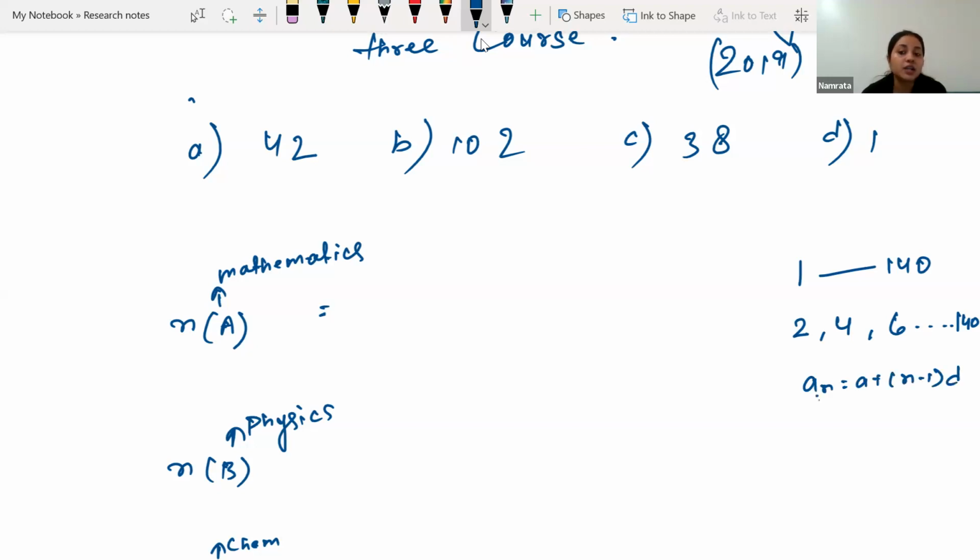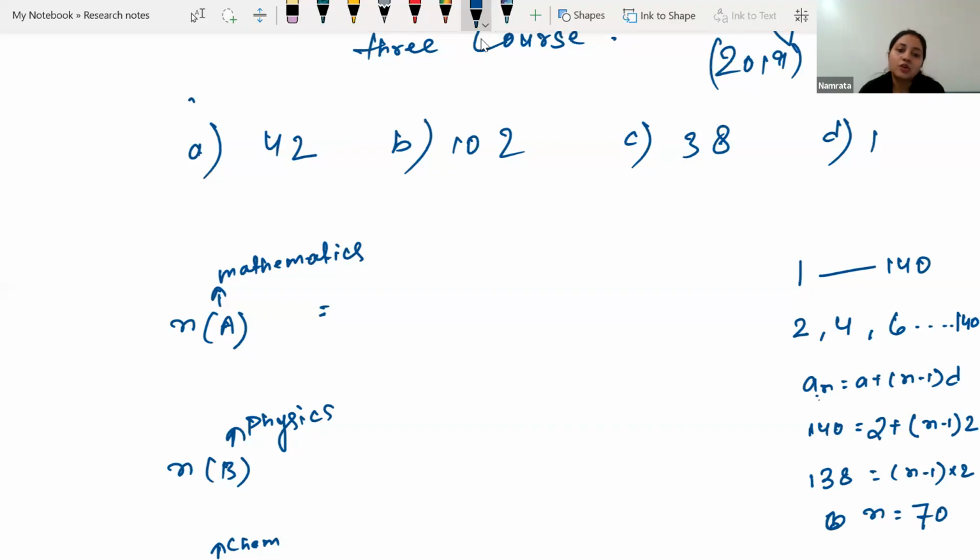The nth term is the last term, 140, a is 2, plus n minus 1, and d, the common difference, is 2. When you solve it, we shift 2, it becomes 138 equals n minus 1 into 2. That means 2 we send to this side, it becomes 70. So you got n as 70, right? Yes, ma'am.